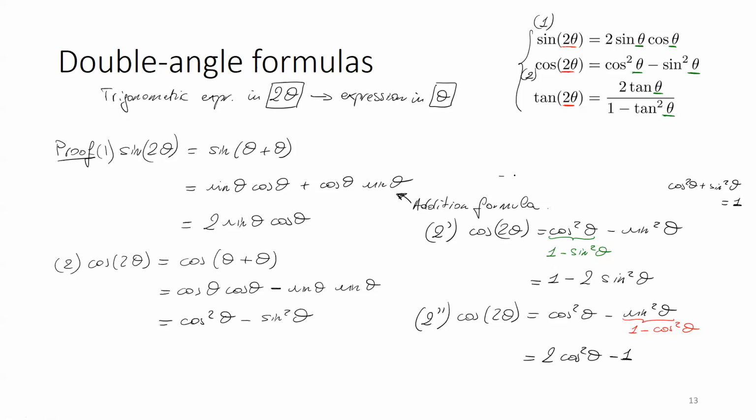So I get 2 more formulas to add here to my formularium. Cosine 2 theta is 2 times cosine squared minus 1. That's also equal to 1 minus 2 times sine squared theta.